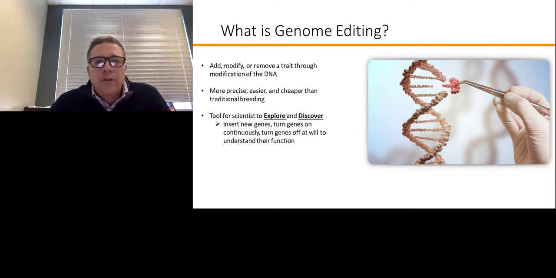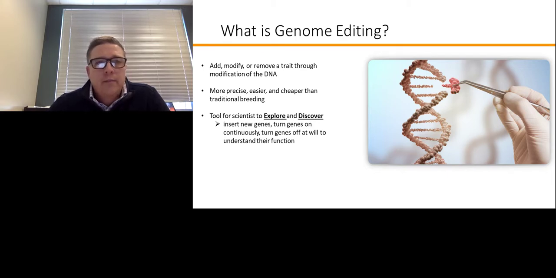So genome editing, as you can see in the picture here of a double helix DNA strand and a scientist's hands holding what look to be forceps and basically manipulating a gene within the DNA, is just that. It's the ability to go in and precisely modify DNA bases in genes, and these genes code for traits of interest.